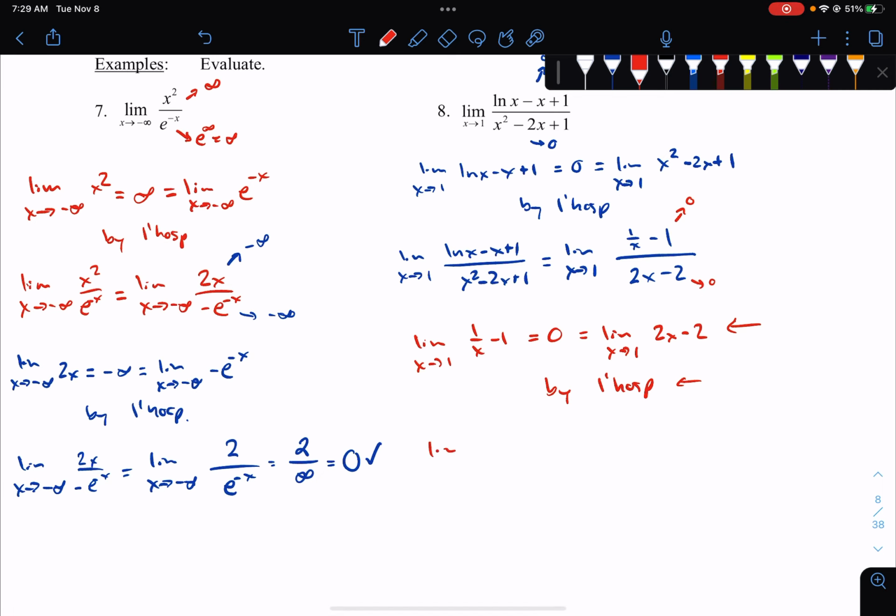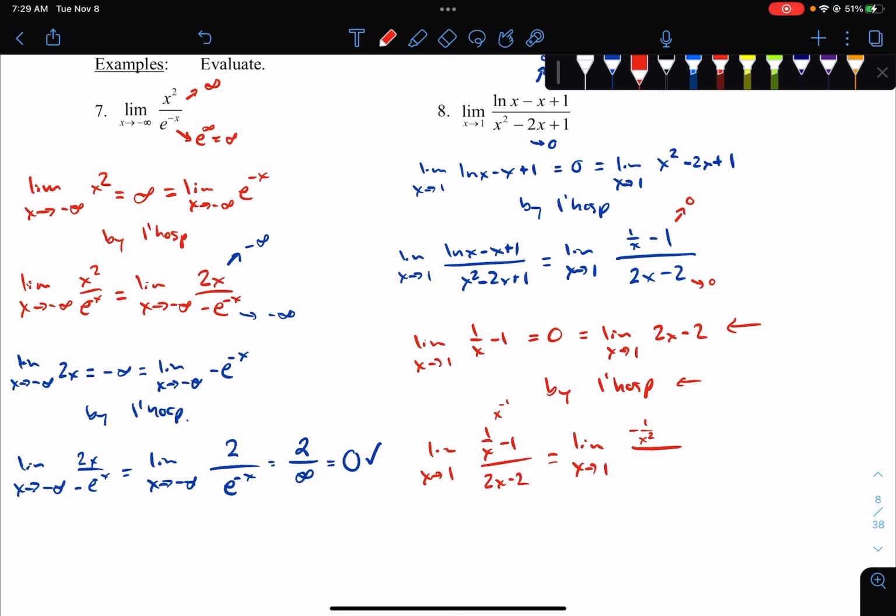So the limit as x goes to 1 of 1 over x minus 1 over 2x minus 2 is equal to the limit as x goes to 1 of, now I've got to take the derivative of the top. So the derivative of the top, if I make this an x to the negative 1, becomes negative 1 over x squared.